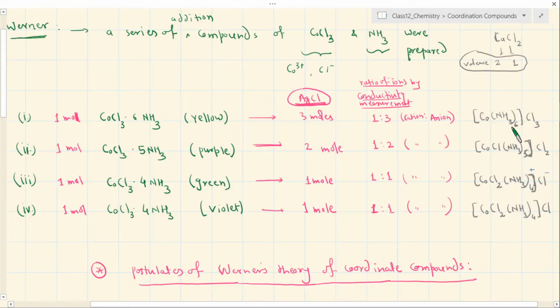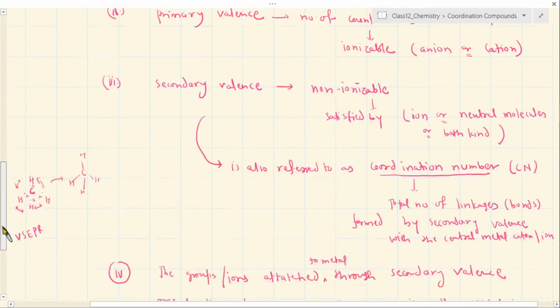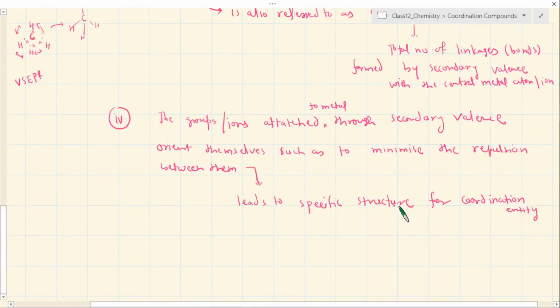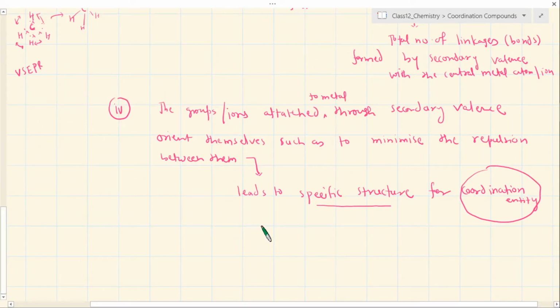All these groups which are attached with the metal, they orient themselves in a way, they end up forming a certain specific structure. So now please see, if you have a certain specific structure by the coordination entity, and inside this coordination entity you have a metal with a certain coordination number, there is a direct relation.